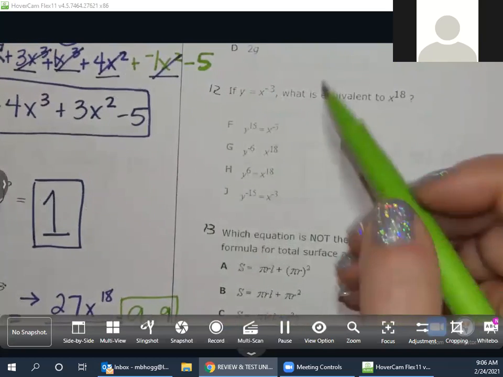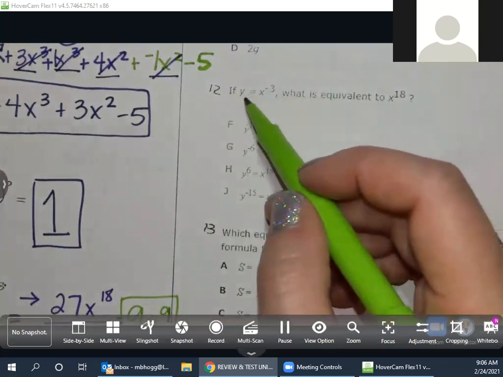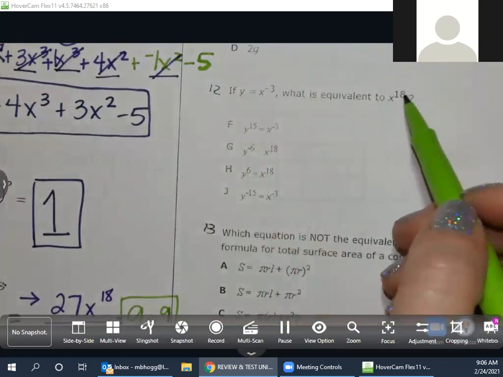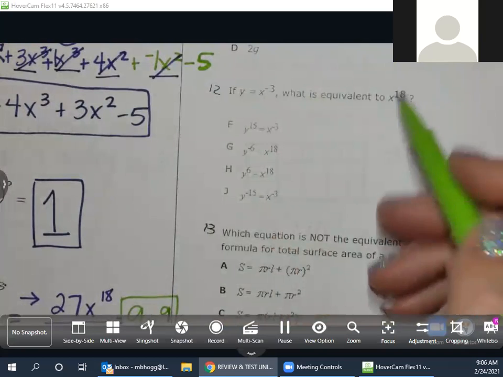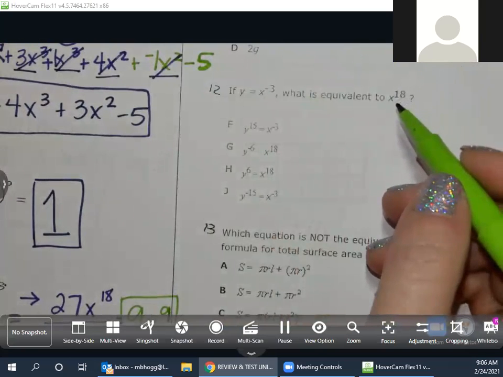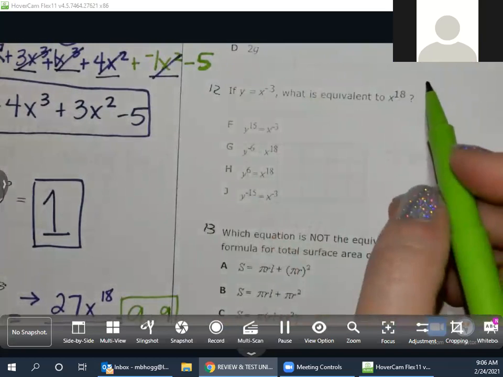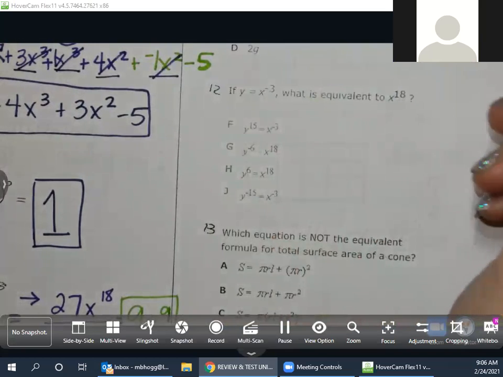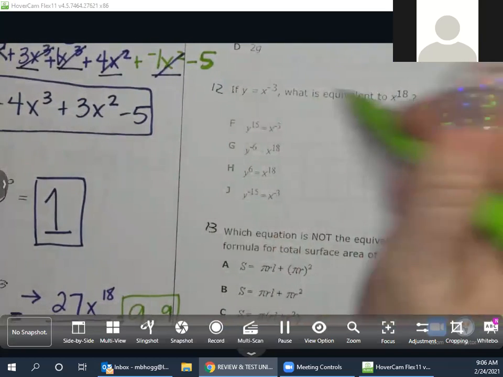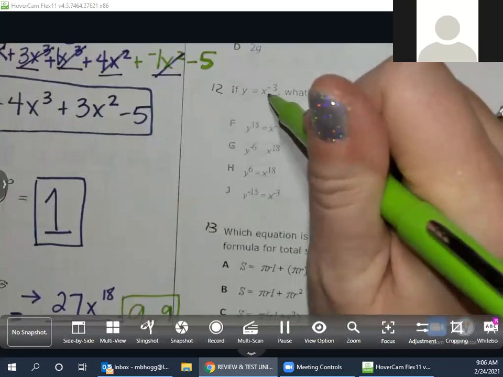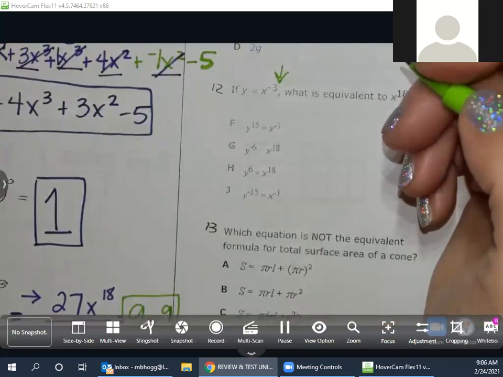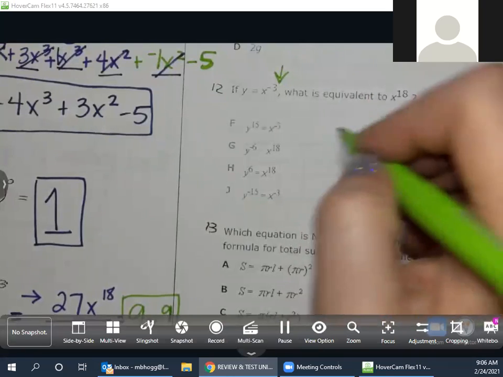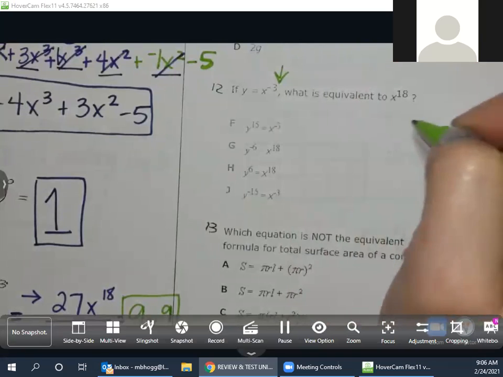All right, number 12. If y equals x to the -3, what is equivalent to x to the 18? Okay, so how could you get x to the 18 if you start with x to the -3? So this is a weird way to write it, okay?